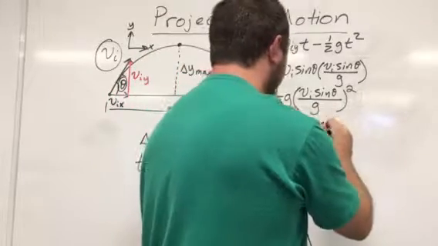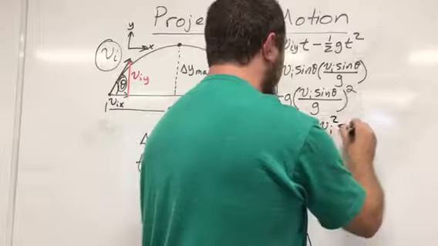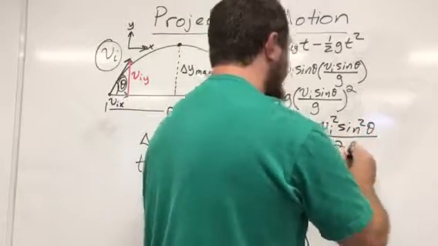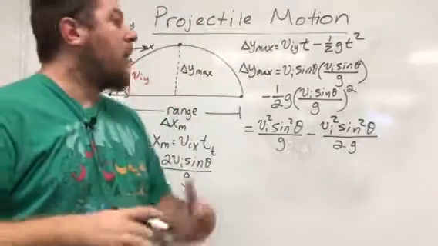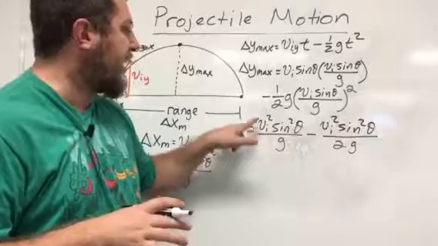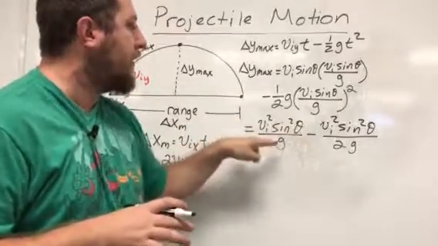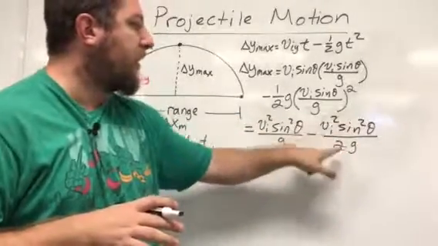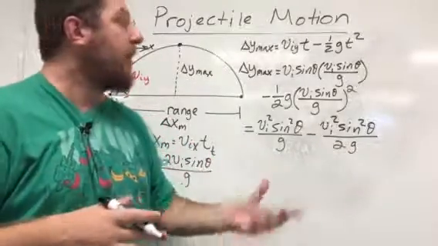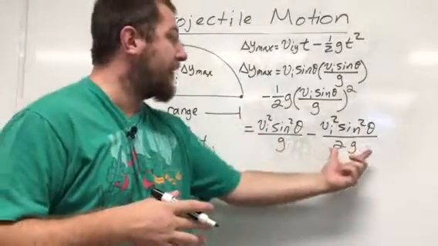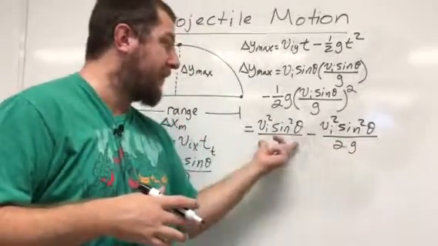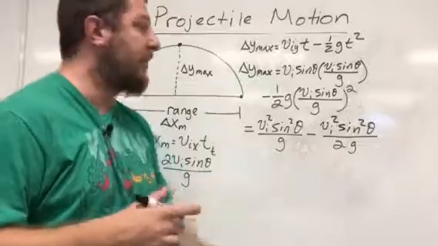So this is going to be Vi squared sine squared theta divided by 2g. Now, these are very, very similar. This is the same thing as having a quantity minus the same quantity divided by 2. So this is essentially saying 1 minus 1/2. So if I take this and I subtract this, I get half of this, because this is half of this, so I just have half of this left.